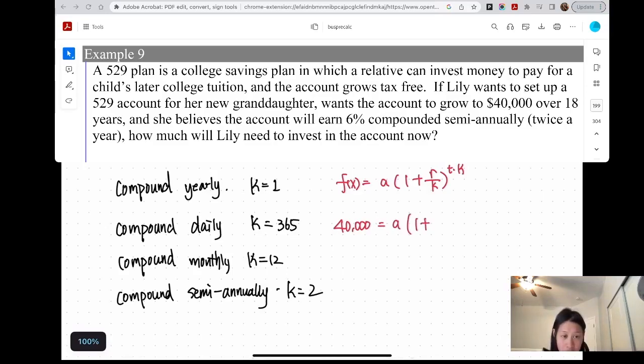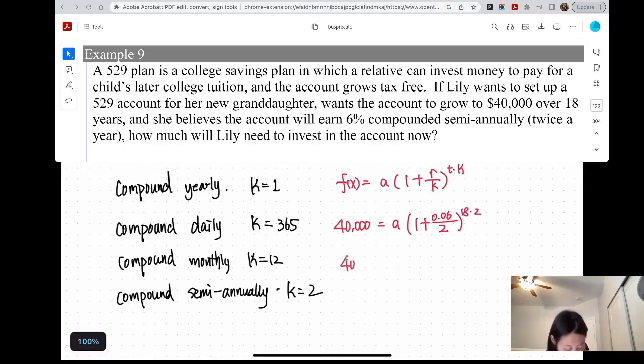The rate is 6%, which means this is 0.06. And how often do they compound? This investment account compounds semi-annually, so k equals 2. The time is 18 years, so the exponent is 18 times 2. That's the formula, and we want to solve for a.